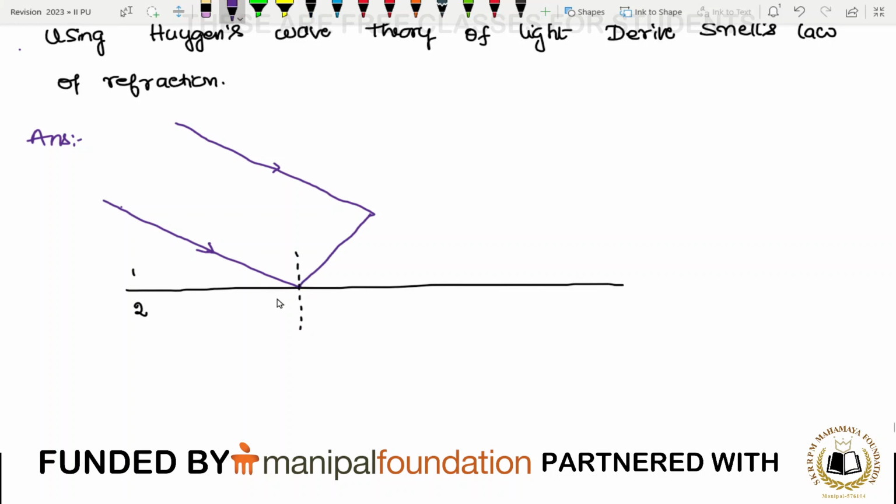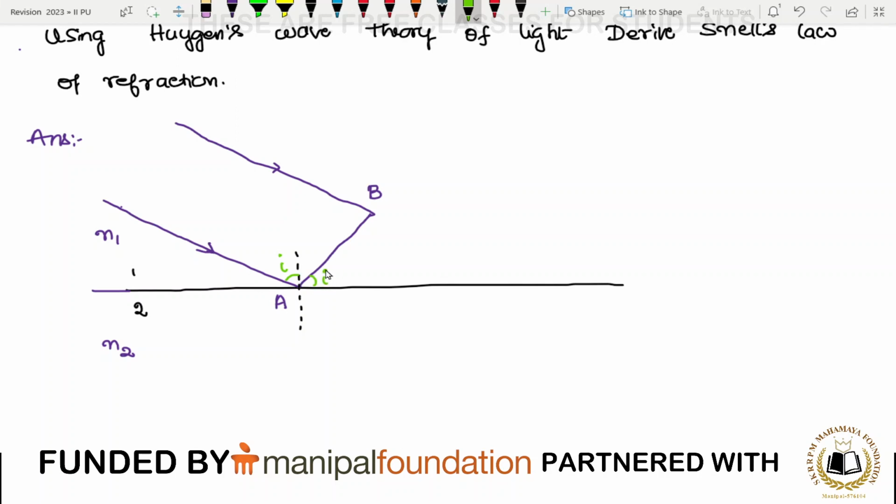This point I call A and this I call B. The refractive index in this medium is how much here? N1, the rarer medium, and here is which one? N2, the denser medium. Now this end, what happens? It undergoes refraction. Now this is traveling from the A end. Before that we'll mark some angles. This angle we call the angle of incidence I. This angle also becomes how much here?